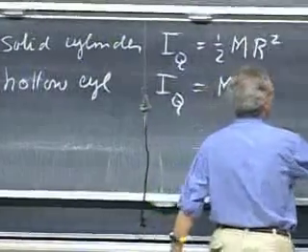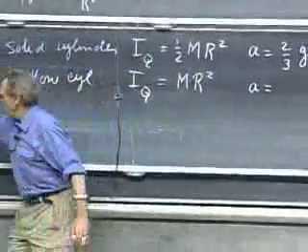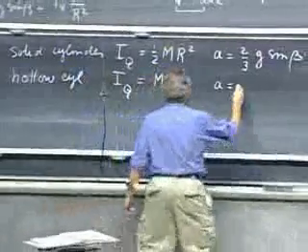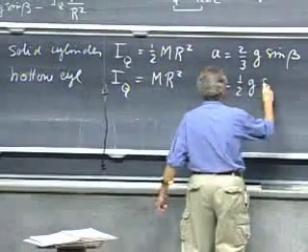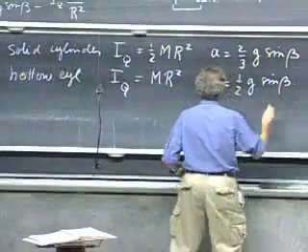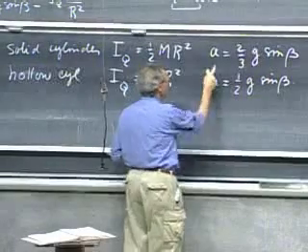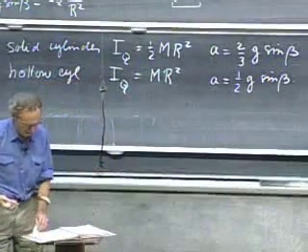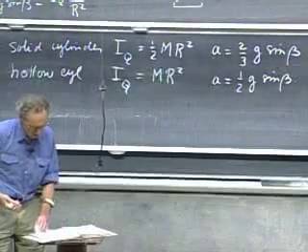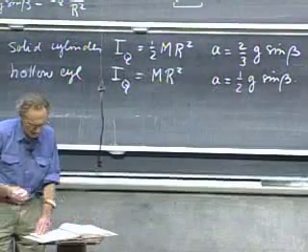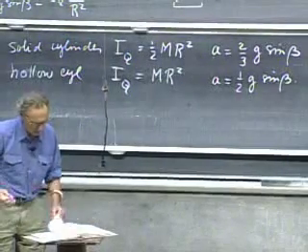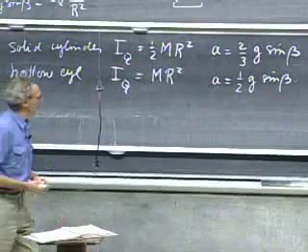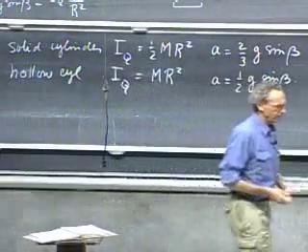And then the acceleration, if I substitute in here m r squared, I get a 2 there, equals 1/2 times g times sine beta. So this acceleration is less than this one. So the hollow cylinder will lose in any race against a solid cylinder, regardless of mass, regardless of radius, regardless of length. And I want to show that to you.